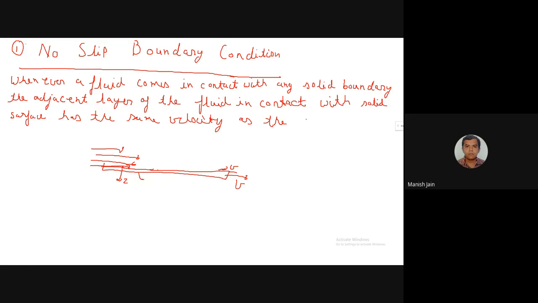Generally in chemical engineering and other subjects also, the fluid flows in contact with the solid material, and all the resistance on the fluid comes from the solid material only, due to its friction. So this assumption is very important, and only then can you calculate the pressure drop or the velocity of the fluid or the flow rate of the fluid inside a given channel.